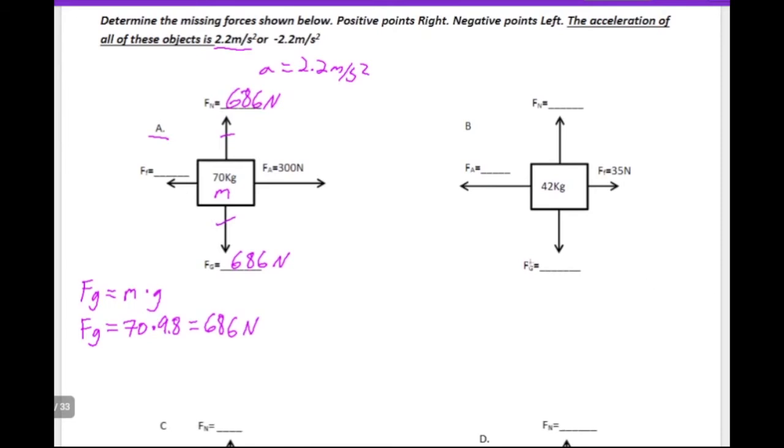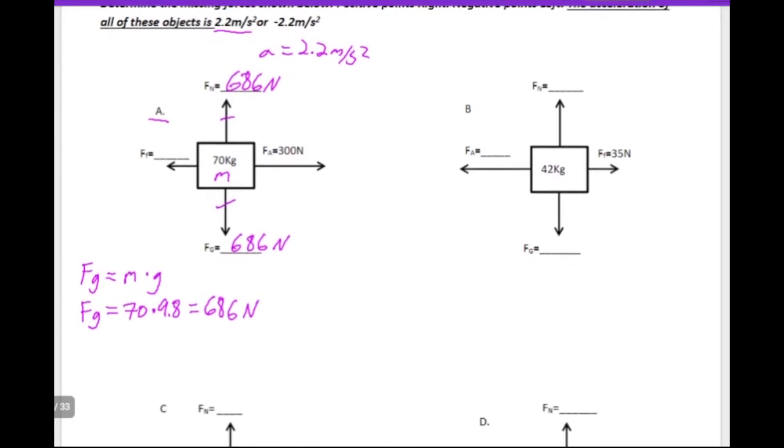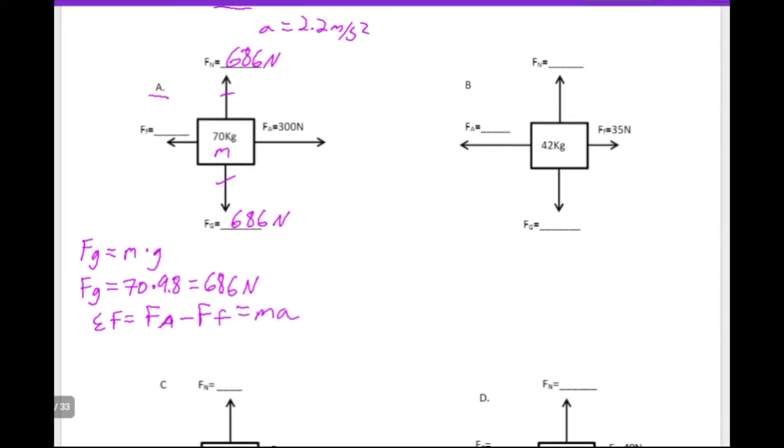Now that we got that out of the way, we can start solving for force friction. So this is where things get a little tricky. We know that net force is equal to the forces that point to the right, which would be force applied, minus the forces that point to the left, which is force friction. We also know that net force is equal to mass times acceleration. So for this problem, we need to see what we have.